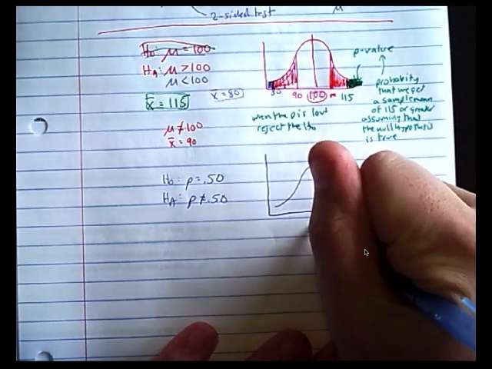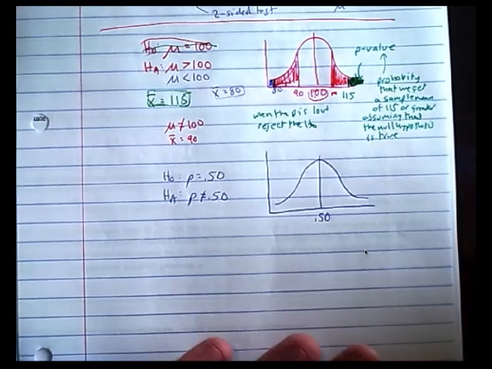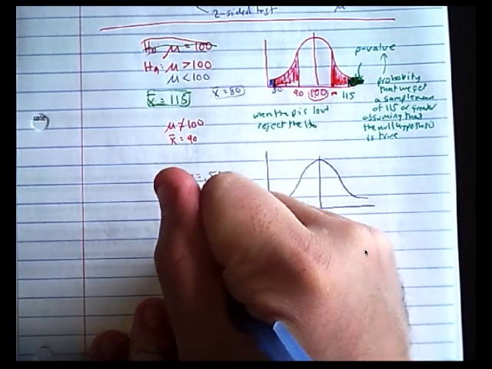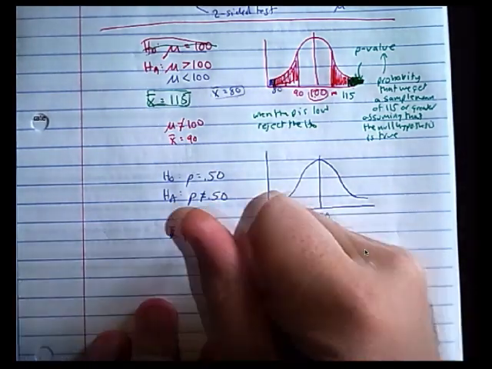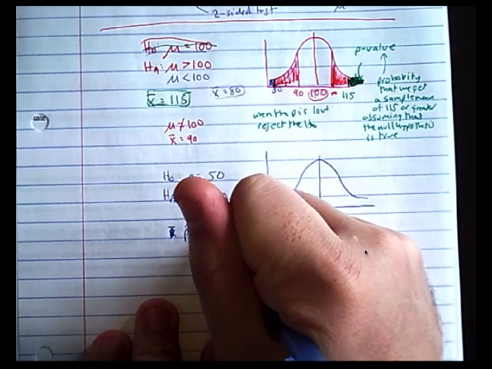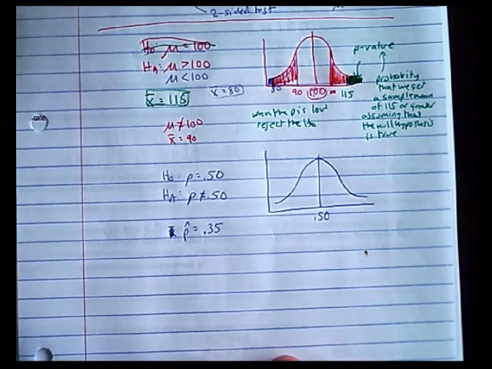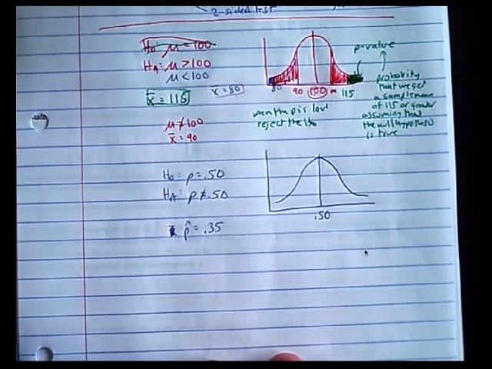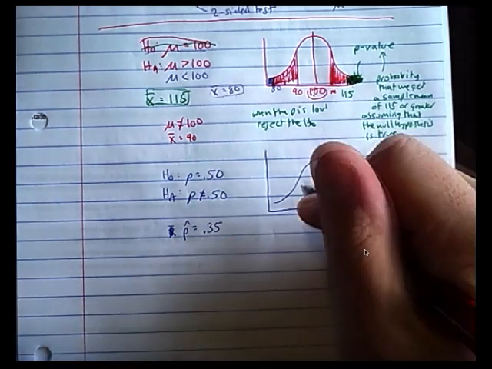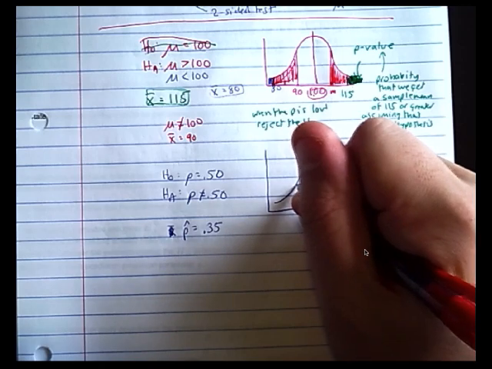So 0.5 is there. Maybe we took an exit poll, a simple random sample, and in our sample, maybe we only got that 35% voted for Trump or for Hillary, whoever your candidate du jour is.